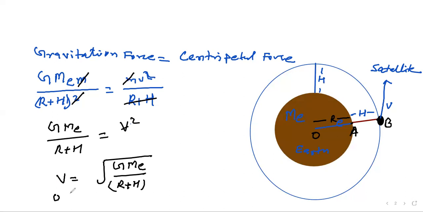Orbital speed. It is not good to say velocity because velocity has a direction, so it is orbital speed.